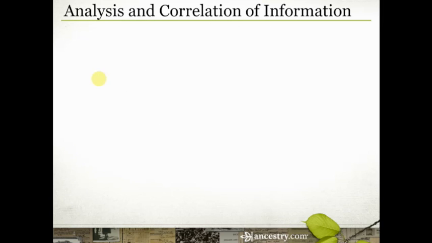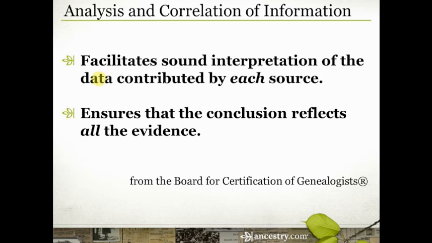Let's just look at the definition that is directly from the BCG website. They state that analysis and correlation of information includes these 2 points. One is that it facilitates sound interpretation of the data contributed by each source. So a source is, of course, the records that you are using, or the people that you are talking to in your family, or the tree that you just looked at, right?